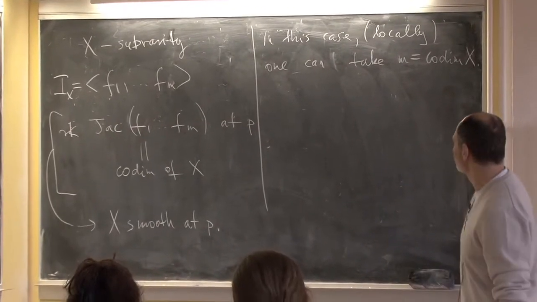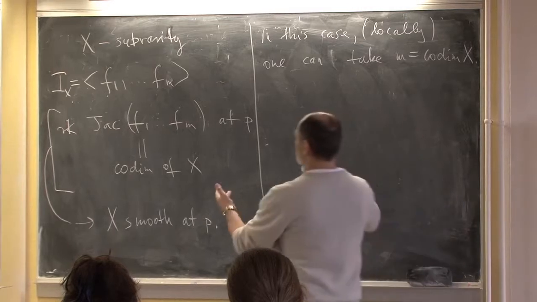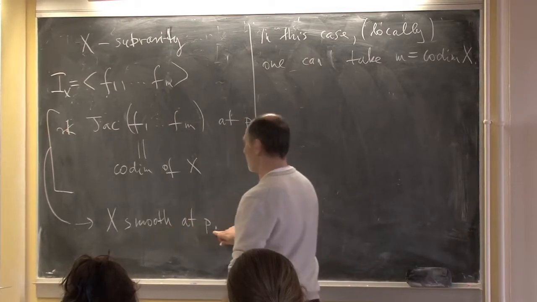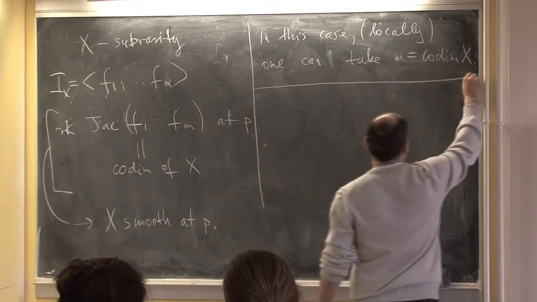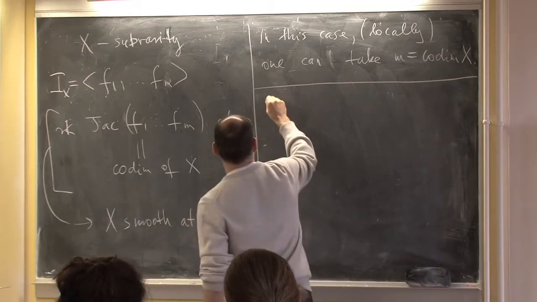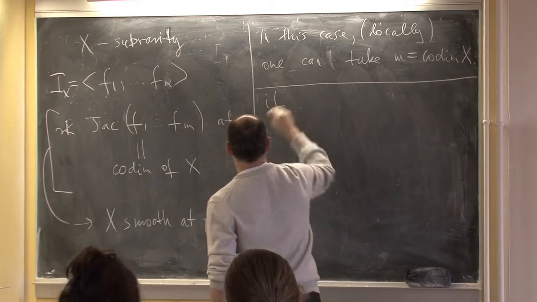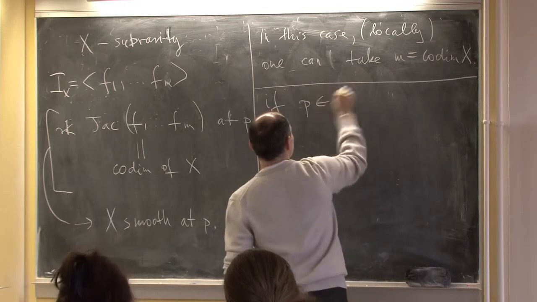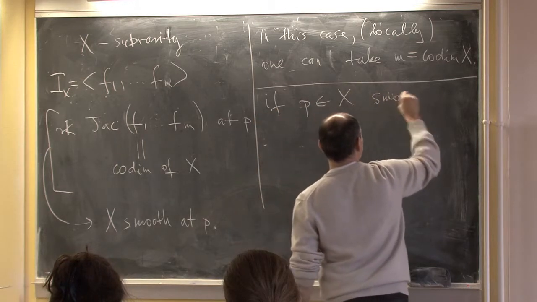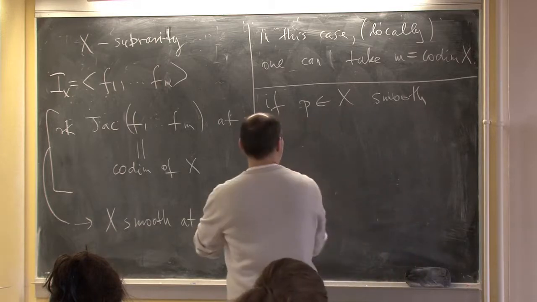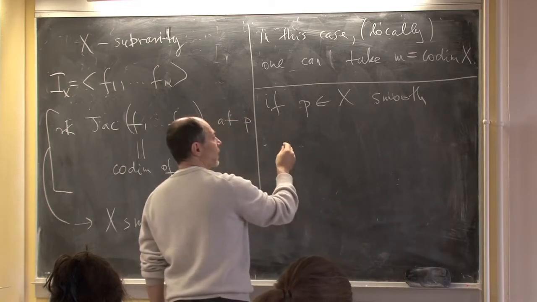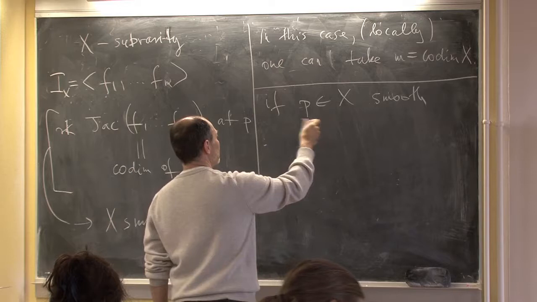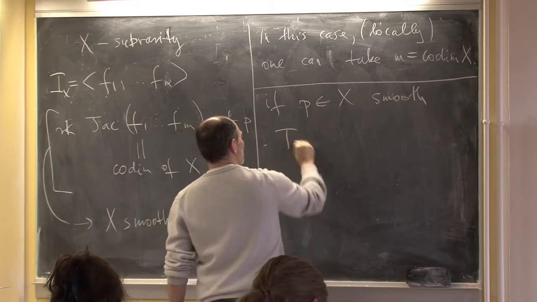OK. All right, so we defined what smooth is, and so what a smooth point is. And so then we can also define the tangent bundle. There's a tangent cone more generally, but if p is a smooth point, then I can define the tangent bundle.